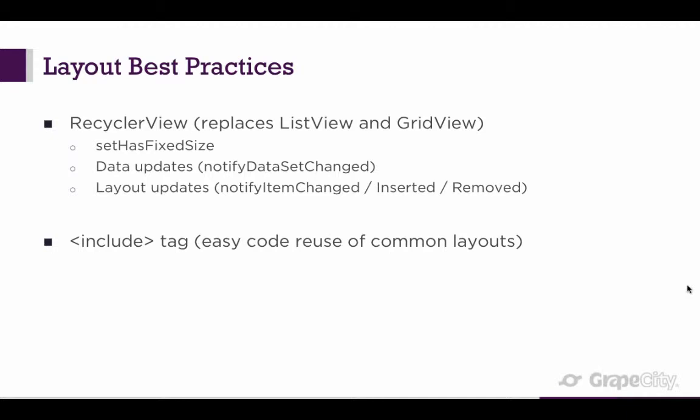I want to inflate a layout and pass it into my RecyclerView. By default, you usually have a view group at the top level in your XML file. Now, you don't always need this. I can set a merge tag as the root tag and avoid that extra view group if it's not necessary.